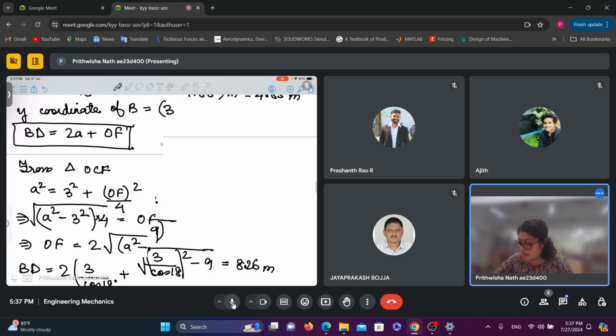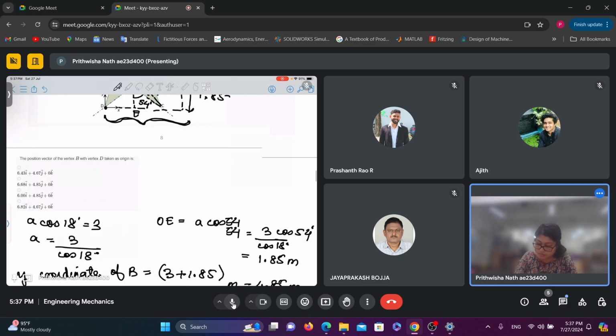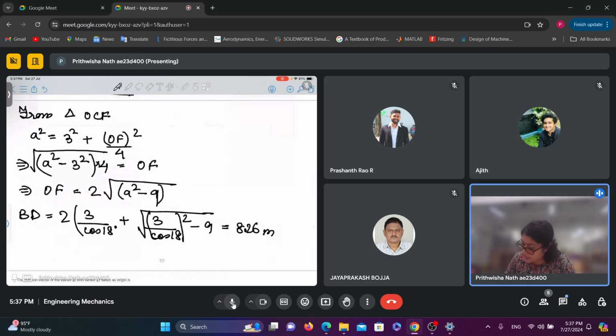BD is this entire distance between point B and D, and I know this perpendicular height, that is the y coordinate. So if we can see it's a right angle triangle, so from Pythagoras theorem I can easily calculate the x coordinate, that is this distance. So x coordinate is 6.68 meter.